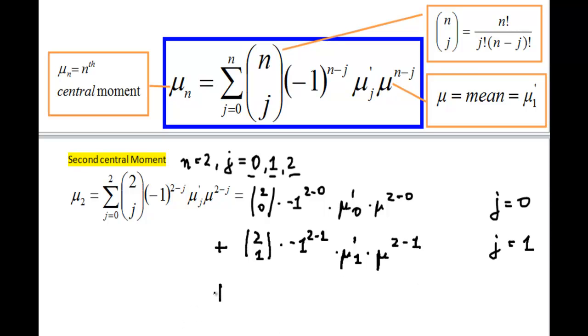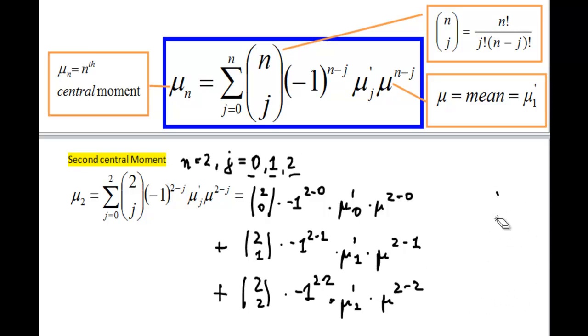And then the third one, for j equals 2, we've got 2 choose 2 times minus 1 to the power of 2 minus 2 times mu prime 2 times mu to the power of 2 minus 2. And now I will erase these j's here on the side to leave myself more space.